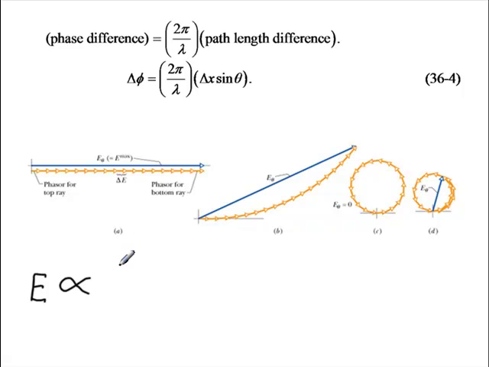So we would expect it to go like 1 over the number of loops m. And since the intensity is proportional to the electric field squared, we would expect the intensity to go like 1 over the maximum, how many maxima out we are, squared. 1 over the number of loops squared.